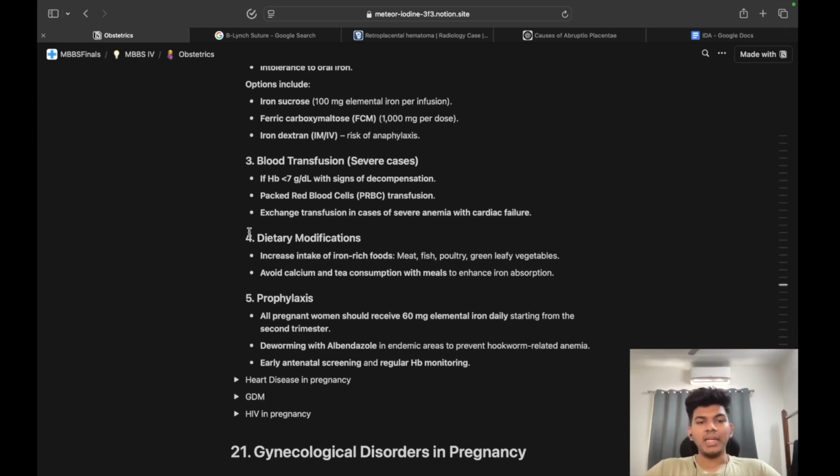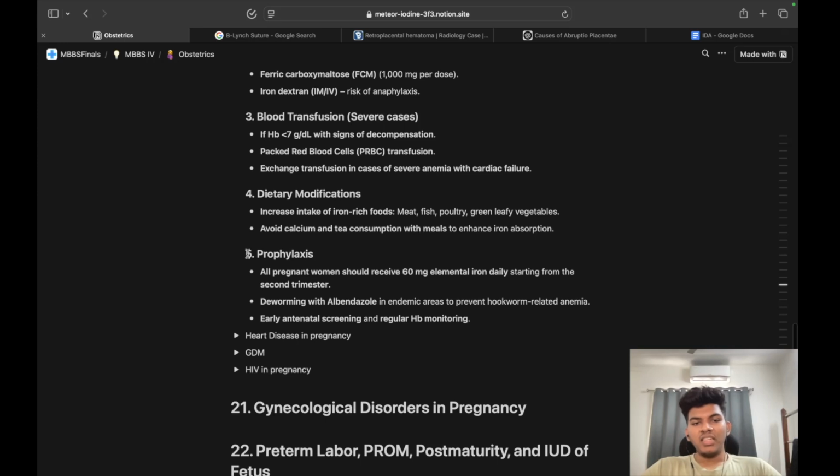Coming to dietary modifications: increased intake of iron rich foods, meat, fish, poultry, green leafy vegetables, and avoid calcium and tea consumption with meals to enhance iron absorption. Finally, prophylaxis: all pregnant women should receive 60 milligram elemental iron daily starting from second trimester.